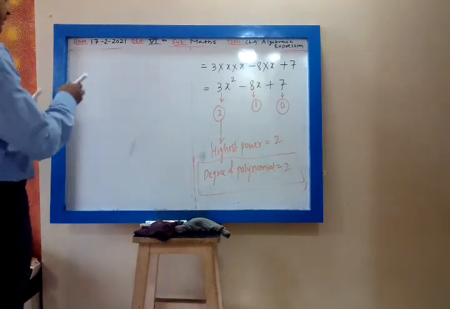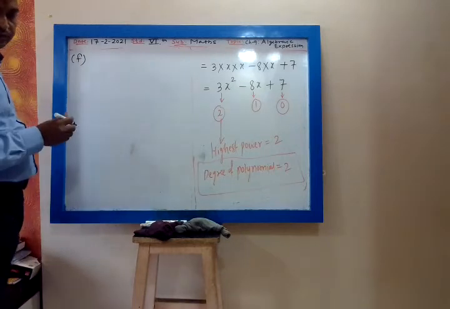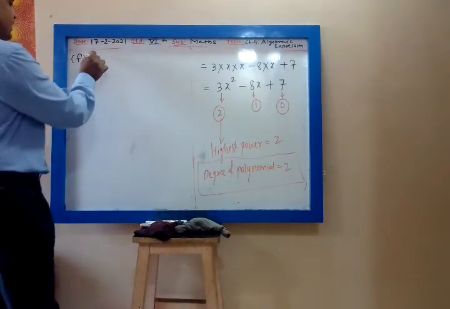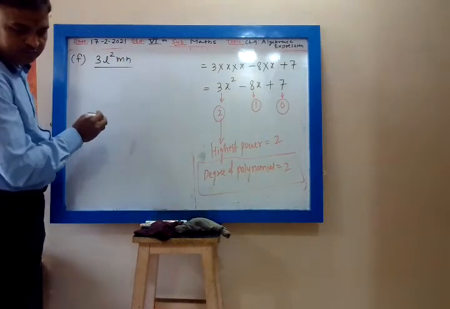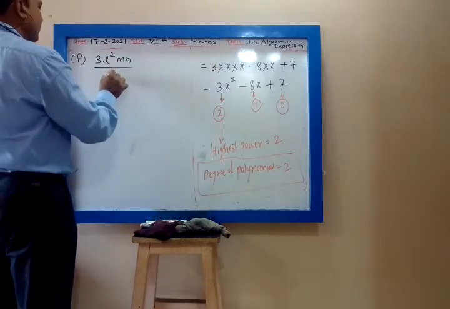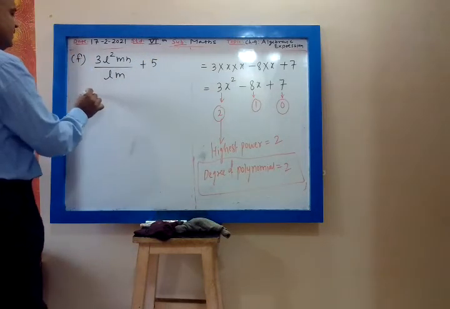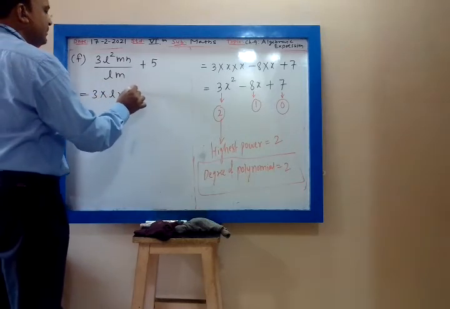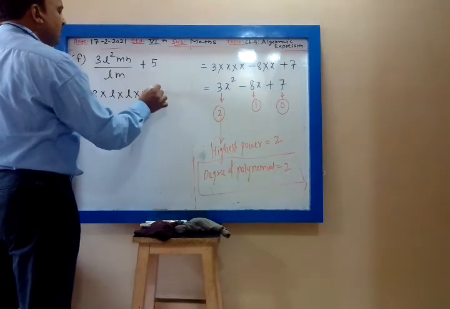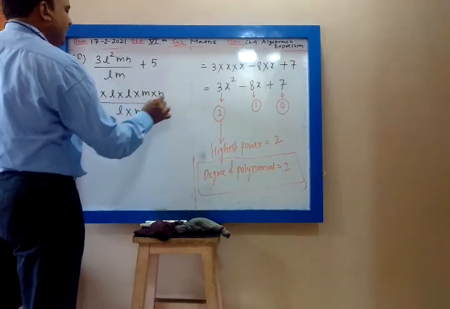Then f: 3l square mn upon lm plus 5. So you simplify this. L square means L into L. Then mn means m into n. Upon lm means L into m. Plus 5.